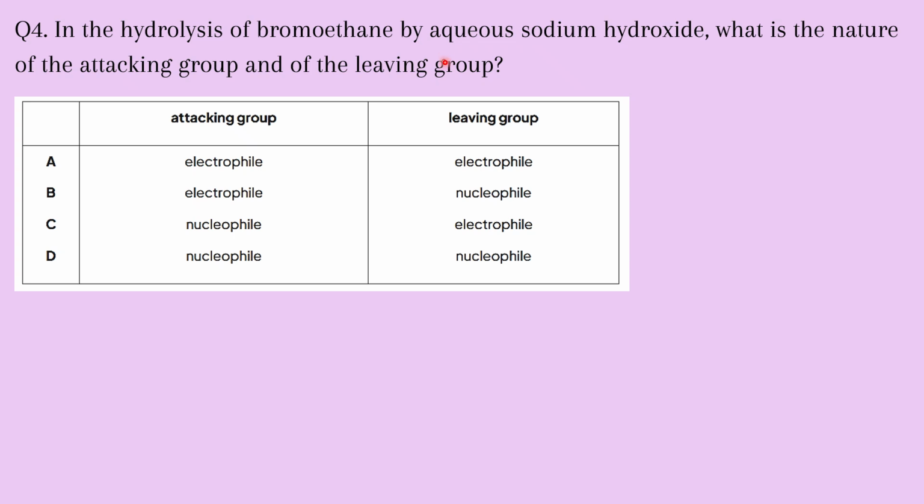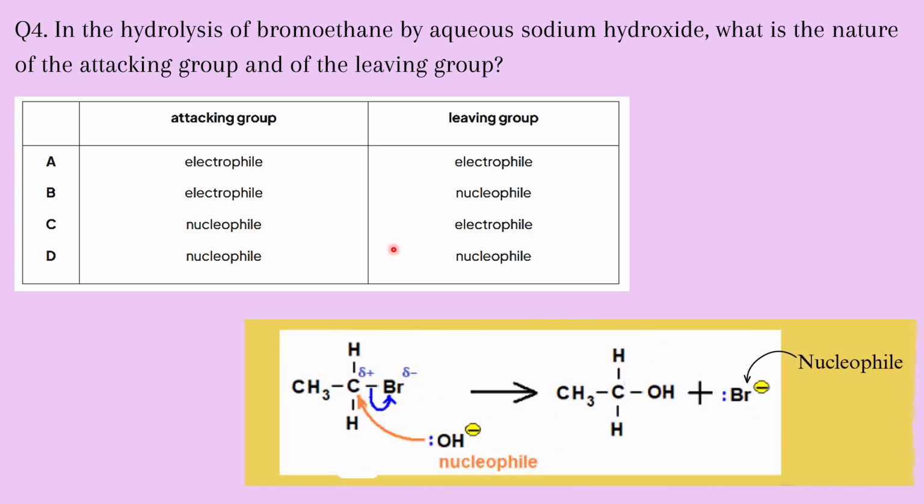In the hydrolysis of bromoethane by aqueous sodium hydroxide, what is the nature of the attacking group and of the leaving group? When we talk about a nucleophilic substitution reaction, as you can see here, I have bromoethane. This is the nucleophile, because when I have sodium hydroxide, I have Na plus and OH minus.